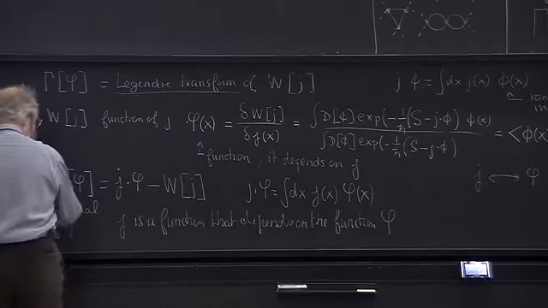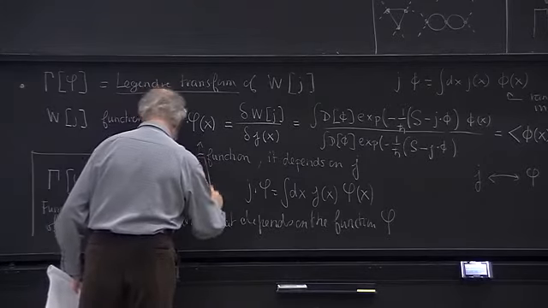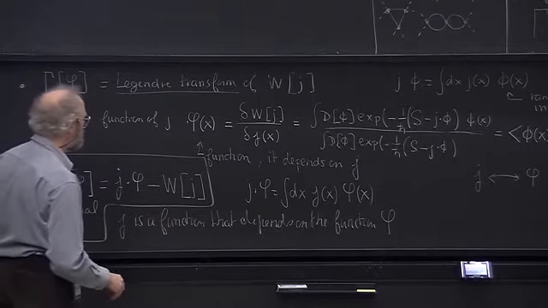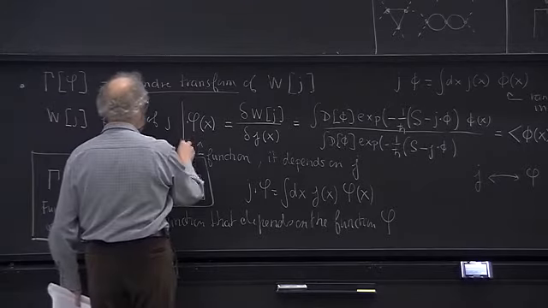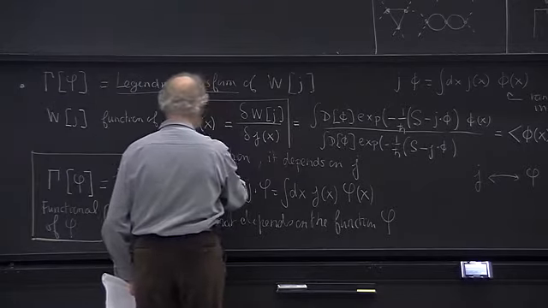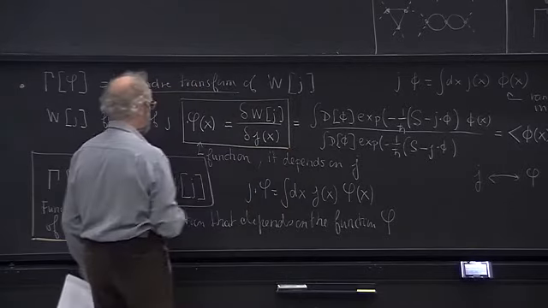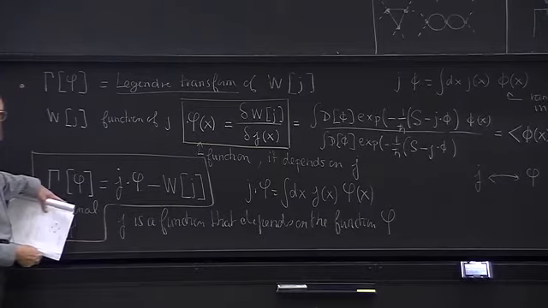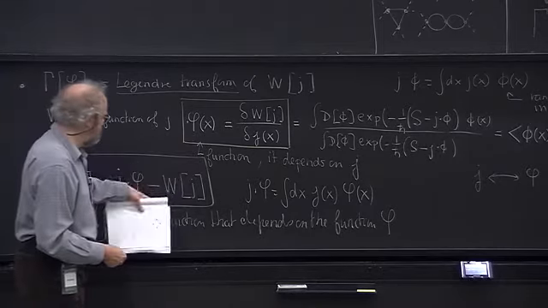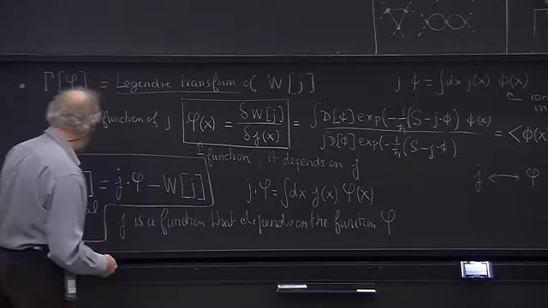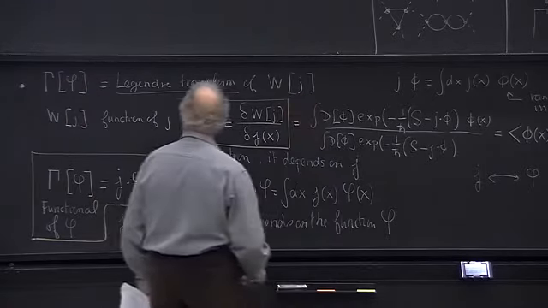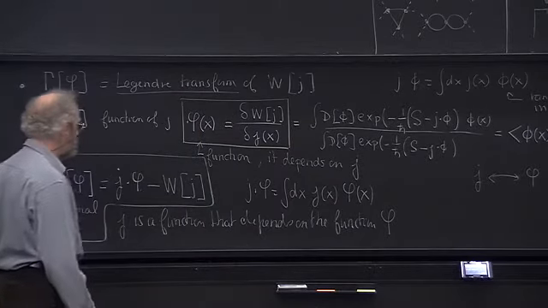So you see we have two objects. We have the definition of phi as the derivative of W, and then we have the definition of gamma of phi. These are the two things needed for this. Okay? So this is the definition of a Legendre transform.